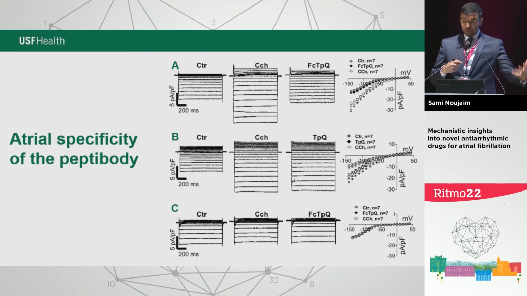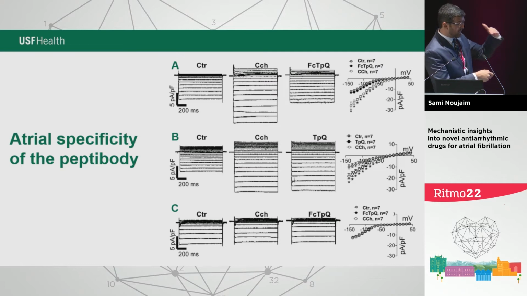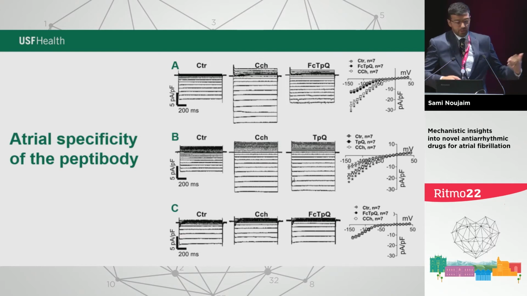So we took atrial myocytes from mice, and we performed patch clamp again, and we elicited the background currents using step voltages. In A here, you can see the currents that were elicited in response to voltages under baseline control conditions, and this is considered the background IK1 current.